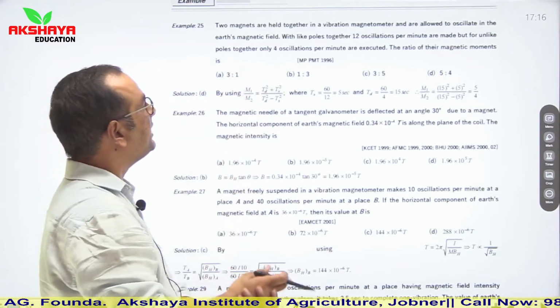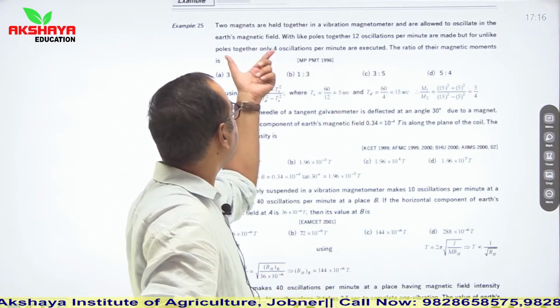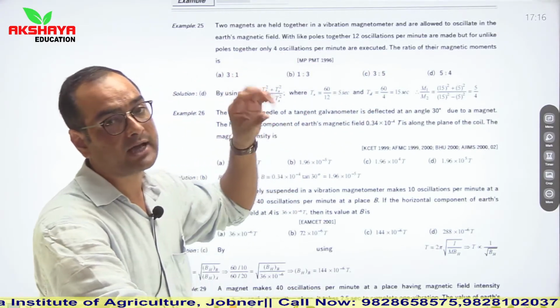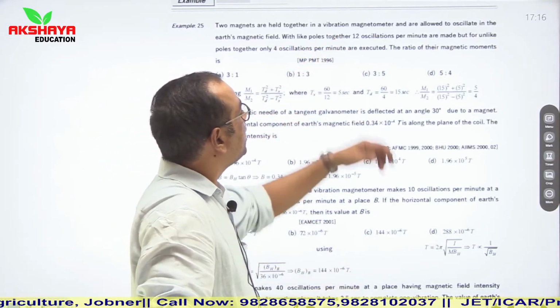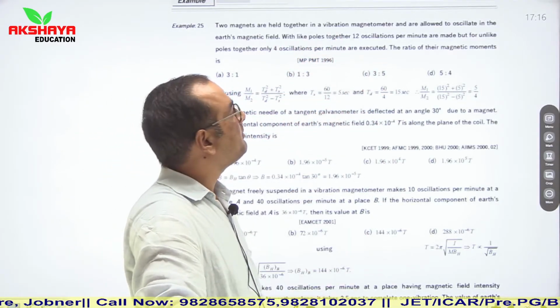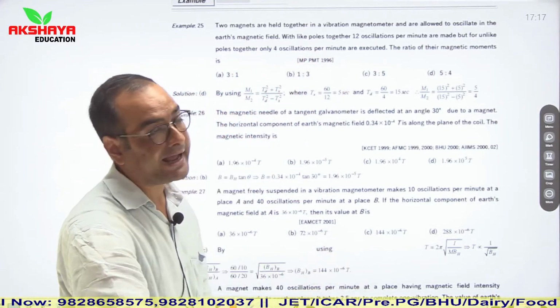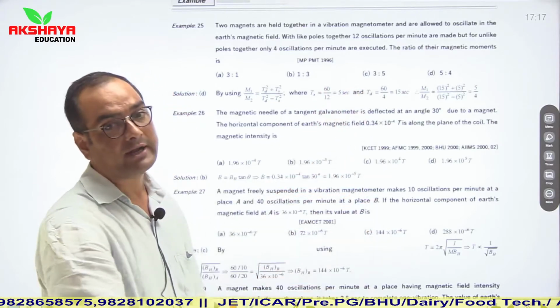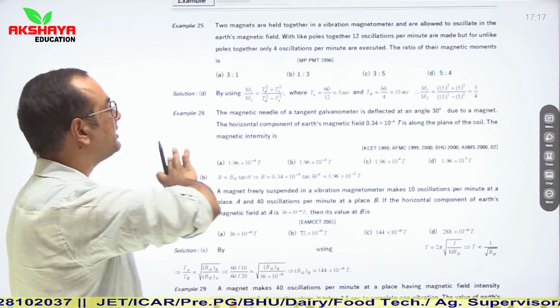Two magnets are held together in a vibration magnetometer and are allowed to oscillate in the Earth's magnetic field. With like poles together, 12 oscillations per minute are made, but for unlike poles together only 4 oscillations per minute are executed. So we need the ratio of magnetic moments. In this case you can clearly see the time periods are different.